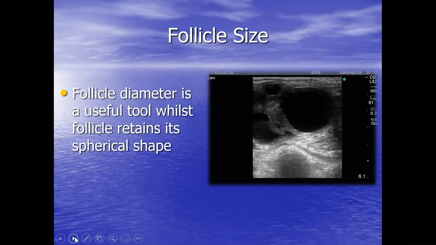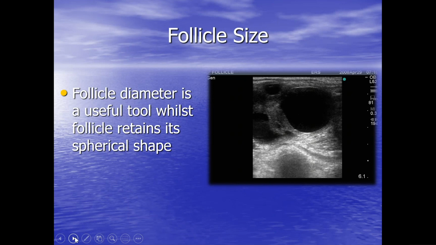Now, I want to make a point here that over the years, it's become clear to me, many colleagues, when they're asking whether or not I think the follicle's close to ovulation, they'll say, John, the follicle was 38 millimeters yesterday. Now it's gone to 41. Do you think it's ready for me to inseminate?